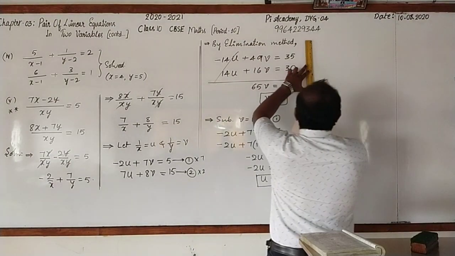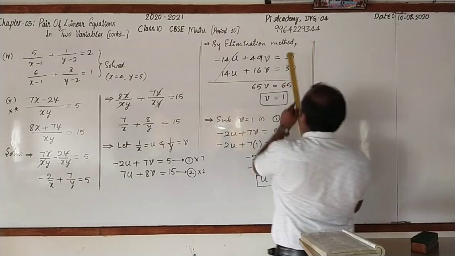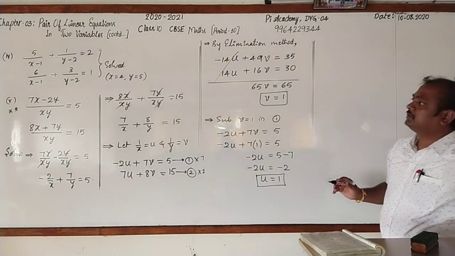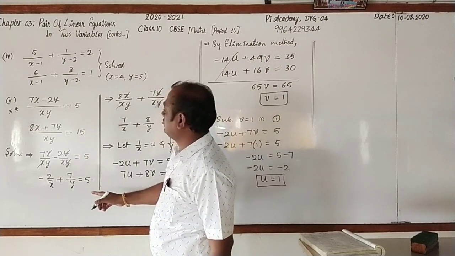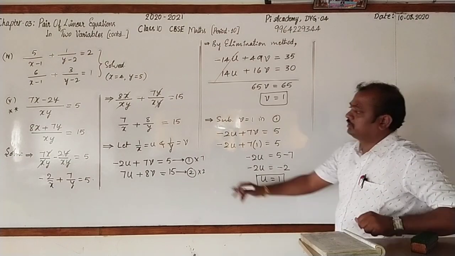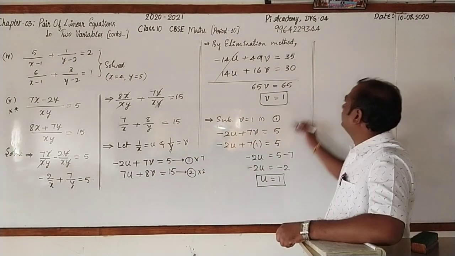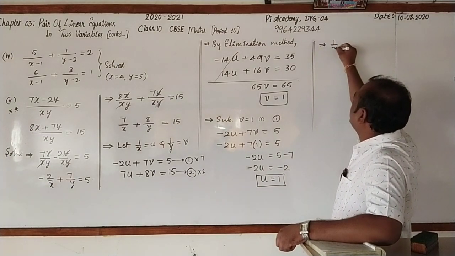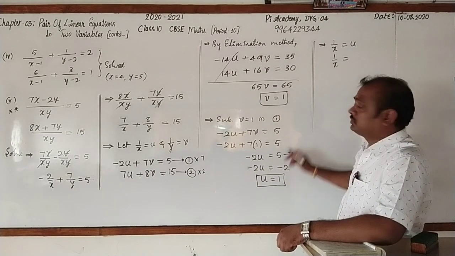Now, let us go for finding the values of X and Y. That's why we have to take the assumption. What was the assumption? We have written, our assumption is 1 by x equal to u and 1 by y equal to v. Here I will write 1 by x is equal to u, where u is 1.